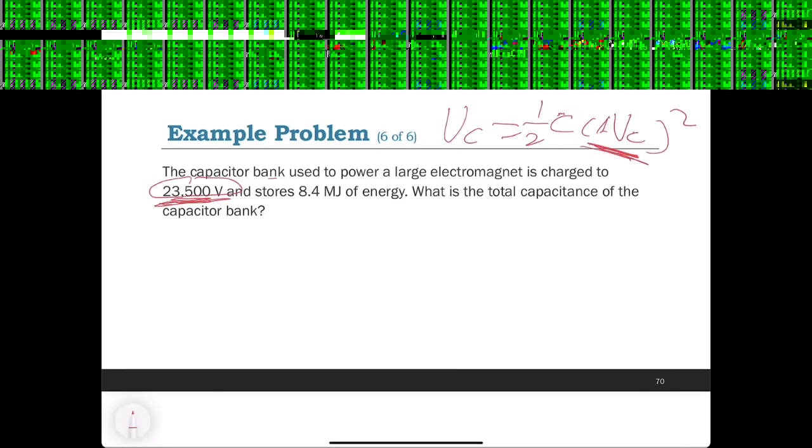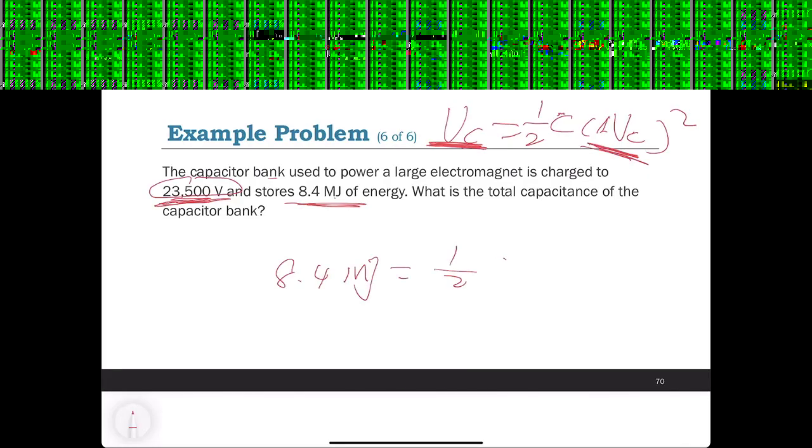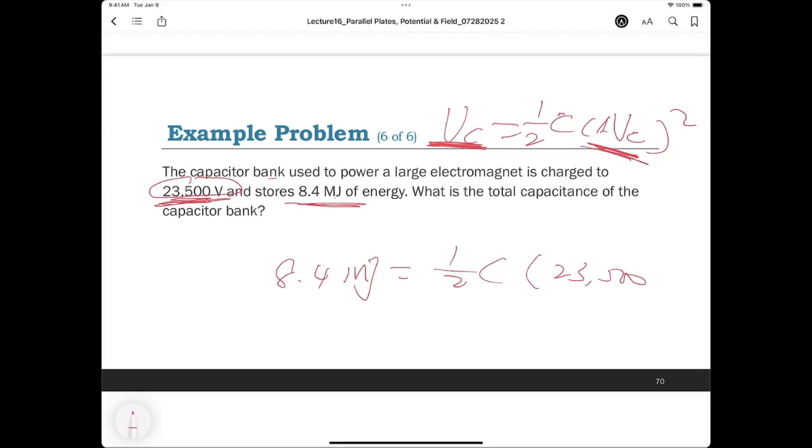And the stored energy is 8.5 MJ. This is the electric potential energy, which means 8.5 MJ equals half C delta V squared. You can use this equation to calculate the capacitance of the capacitor bank. Does it make sense to you? If you have any questions, just let me know.